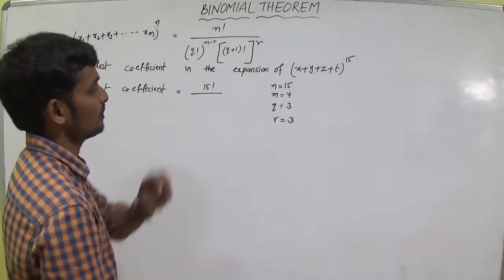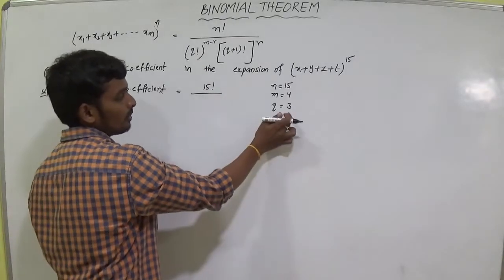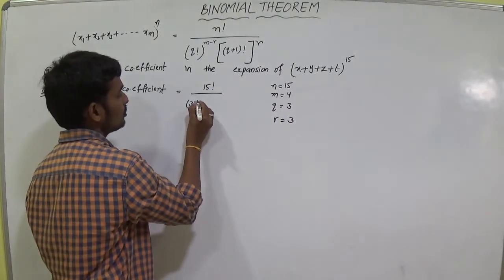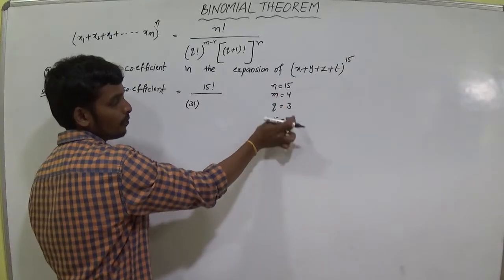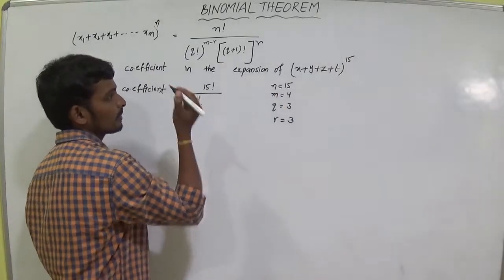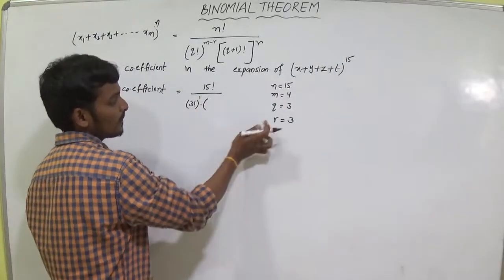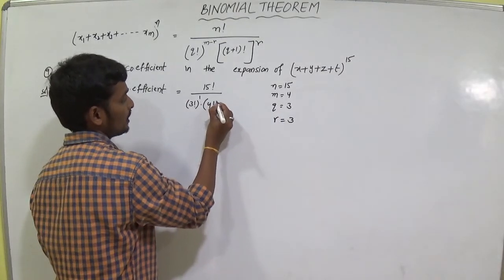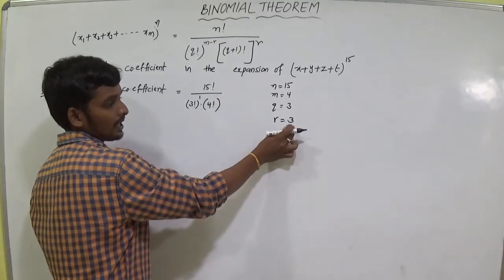You can substitute. So q factorial, what is q? 3. So 3 factorial whole to the power of m minus r, 4 minus 3, 1, into q plus 1, q is 3, plus 1, 4 factorial whole to the power of r, which is 3.